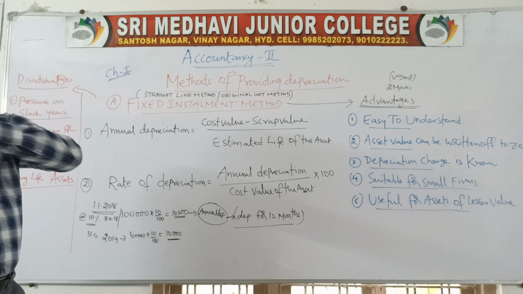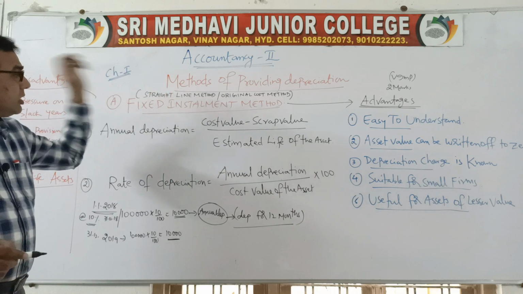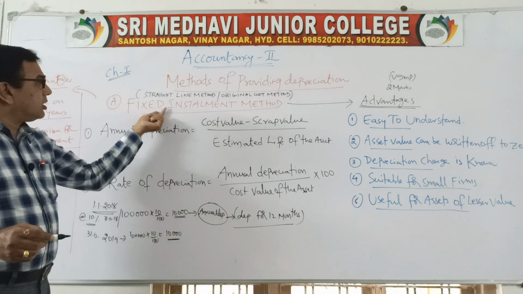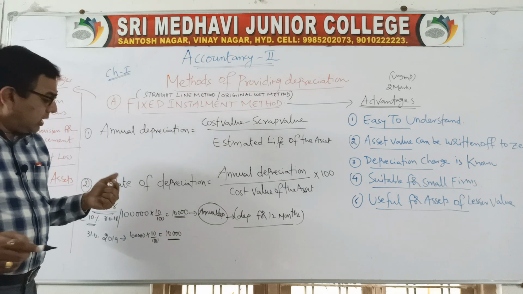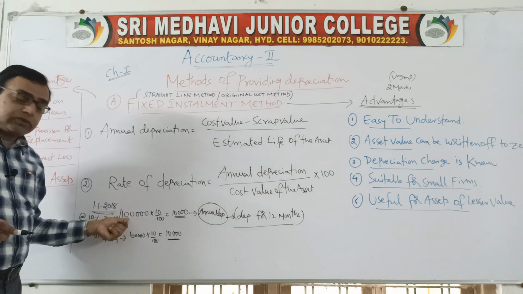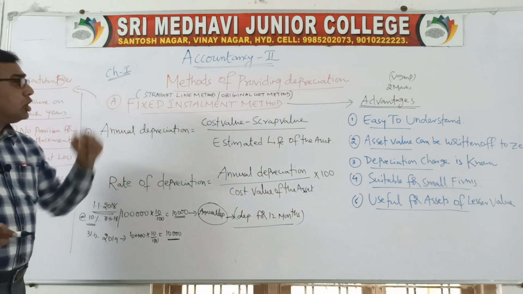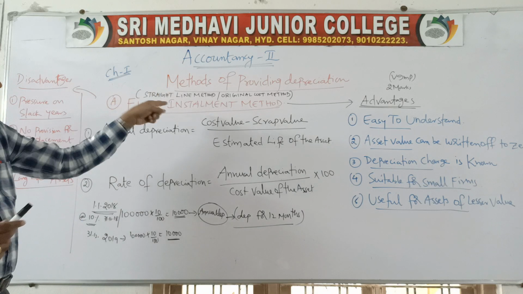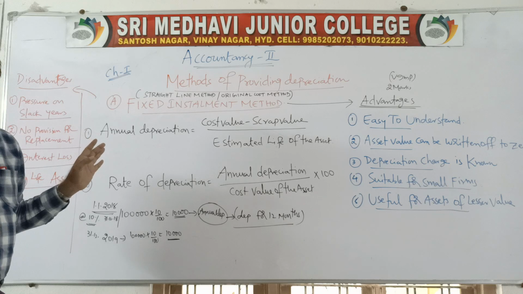Depreciation doesn't fluctuate, as it remains the same. As the depreciation amount is fixed every year, it is called the fixed installment method, and depreciation is always calculated on the original cost of the asset, so it is also named the original cost method. In the examination, whatever the name they use, you have to apply this formula only.